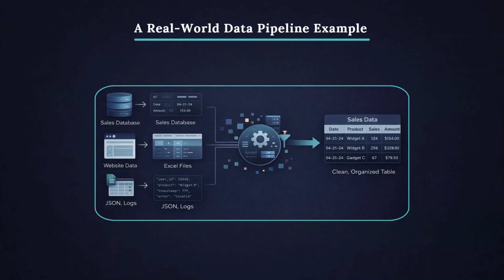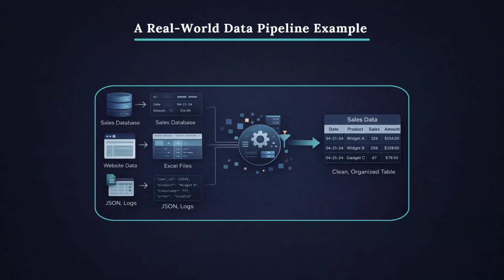Some data comes from a sales database, some comes from the website, some arrives as Excel files from different teams, and other data comes as logs or in JSON files. All of this data right now is scattered and in different formats. So what we do is bring all of the data into a central location. That could be a data warehouse or a data lake.